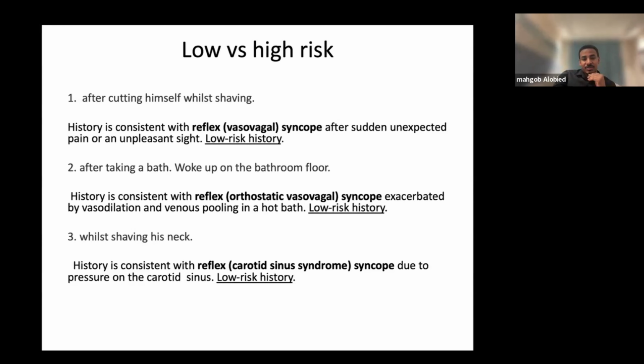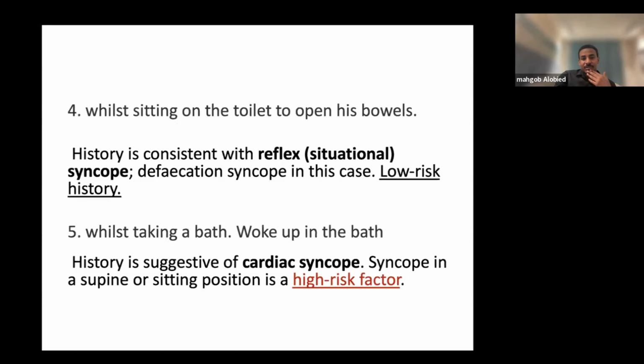The second one is orthostatic. The third one is carotid sinus syndrome, while he was shaving his neck. The fourth is situational, which is low risk. The last one is cardiac, which is high risk. So here you start to differentiate between a low risk and a high risk, and I think that's more than enough.